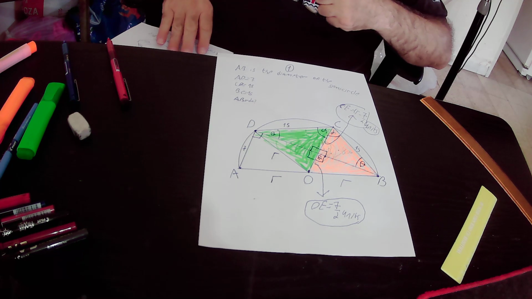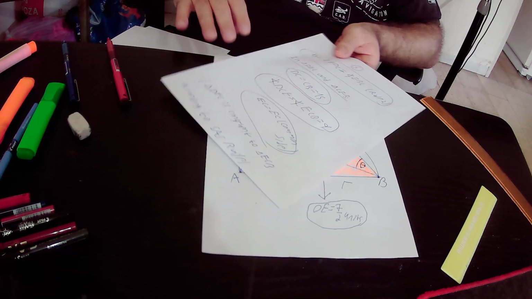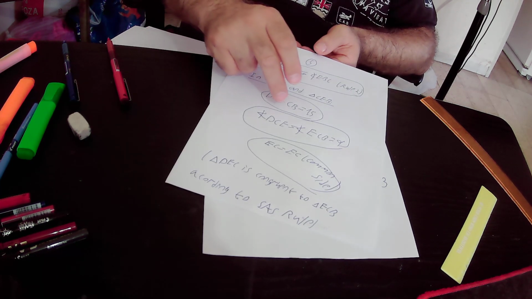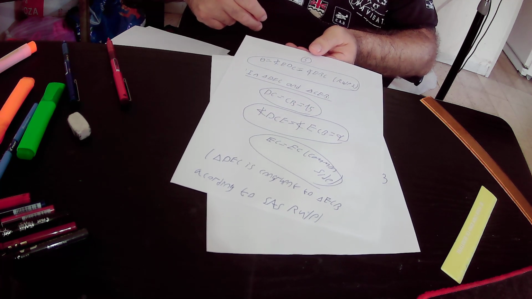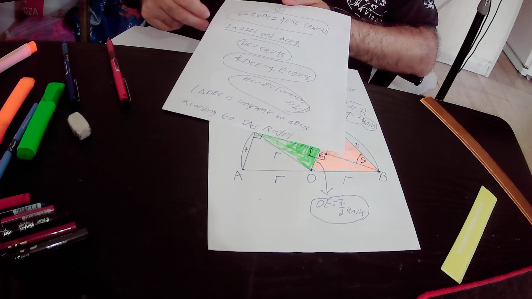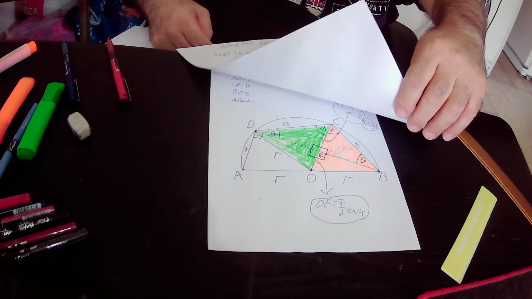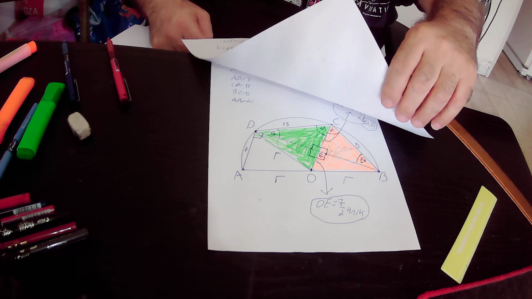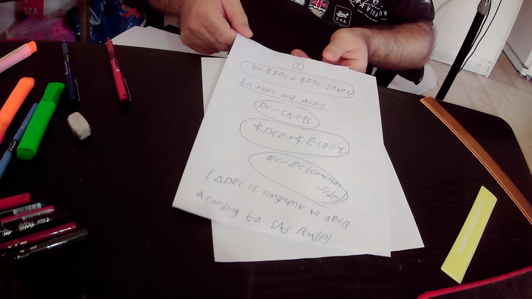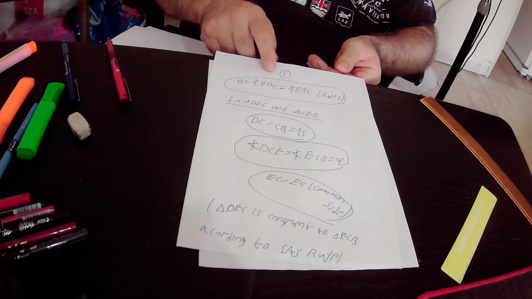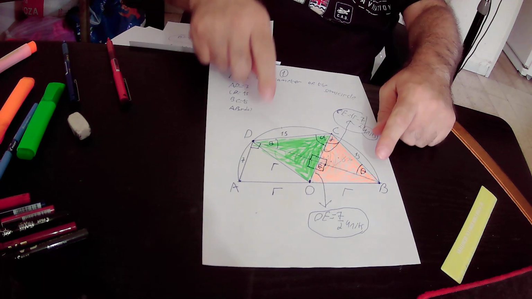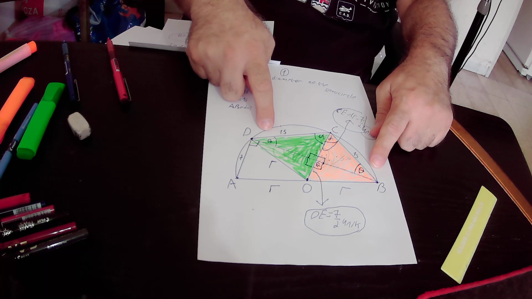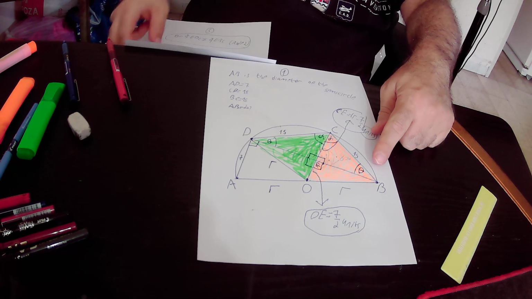Okay, so actually angle DCE is equal to angle ECB according to rule number 2. According to rule number 2, angle EDC equals angle EBC. Those two angles are equal to each other because in front of equal sides there are equal angles. Okay?